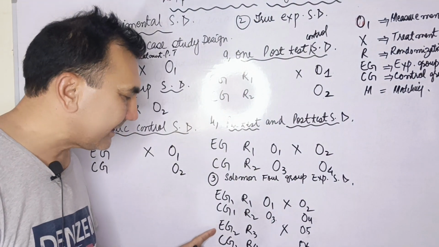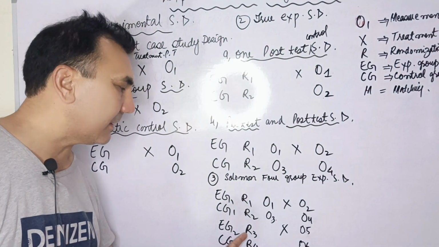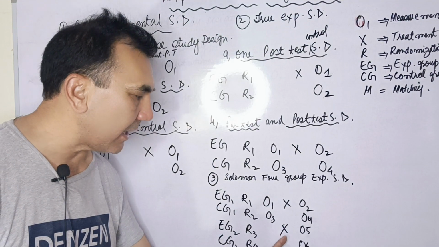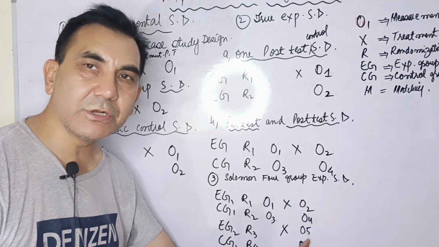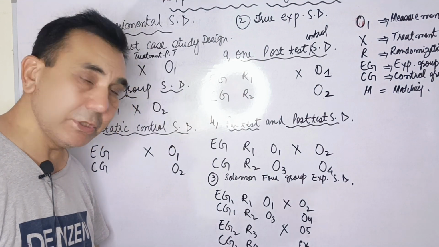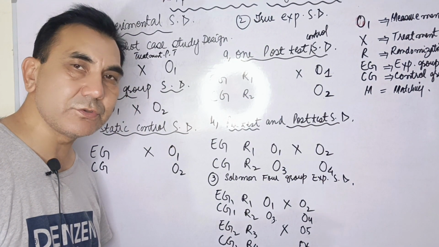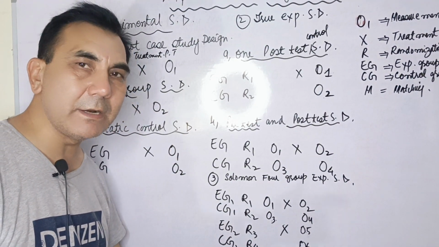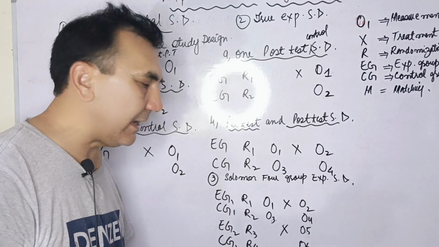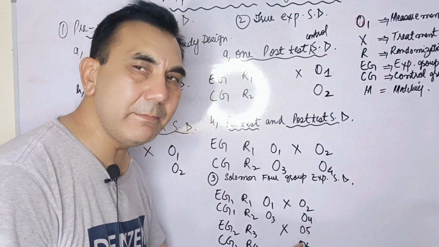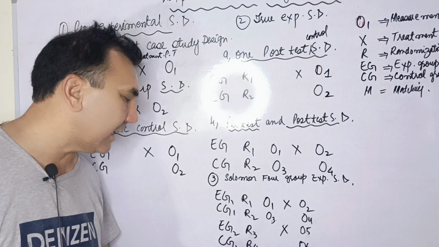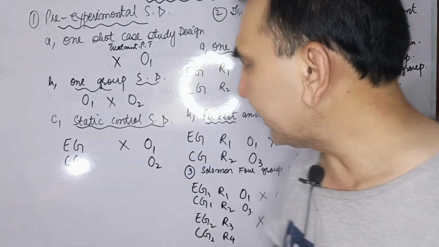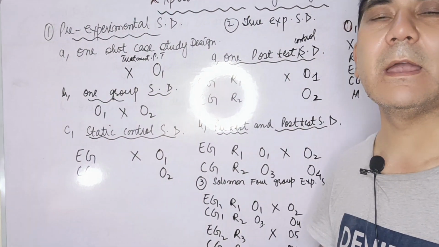Now in the second experimental group, after the randomization, the researcher directly exposes the group and measures the post-test. In the fourth group, the second control group, after random assignment, the researcher directly measures the post-test without conducting a pre-test and without exposure to any treatment.